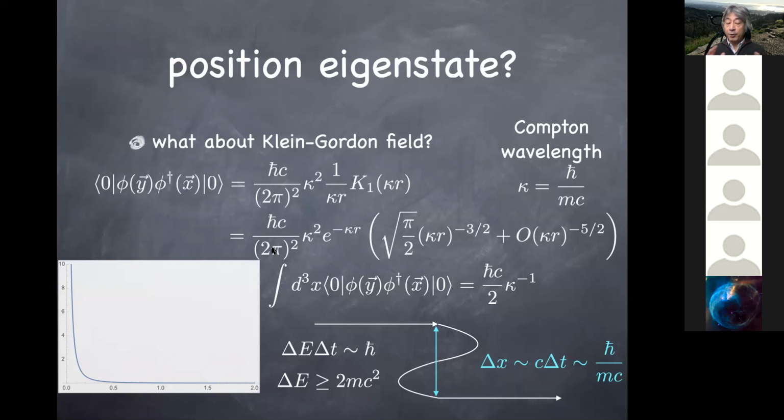I won't get into its content today, but one corollary of this CPT theorem is the existence of antimatter for any matter particle. And sometimes, as I mentioned in the case of a real Klein-Gordon field, the matter and antimatter particle are the same. But at least for every particle, there is another state, which is the antiparticle state of some kind. So the existence of a particle-antiparticle pair is a consequence of a theorem in relativistic quantum field theory, and there's no way out of it.